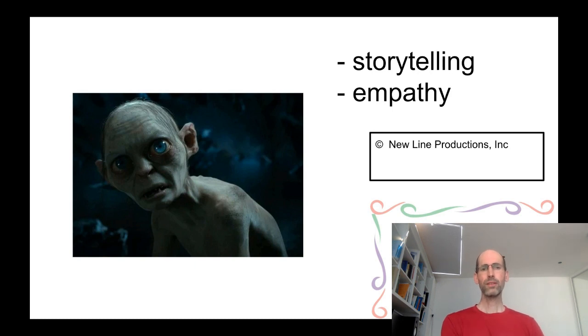Okay, so for my third image, I have a picture here of Gollum. So Gollum is a character from The Lord of the Rings, and a lot of young people, not everyone these days, but a lot of young people will know about Gollum and Lord of the Rings. So I've used this image, or images like it, really quite a lot in my teaching because, as I say on the right-hand side, it's a great example of storytelling. You can look into the backstory of this character and discover that actually he was a fairly normal character, if you like, one of the river folk.